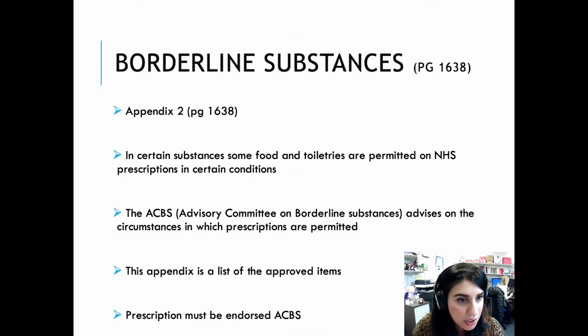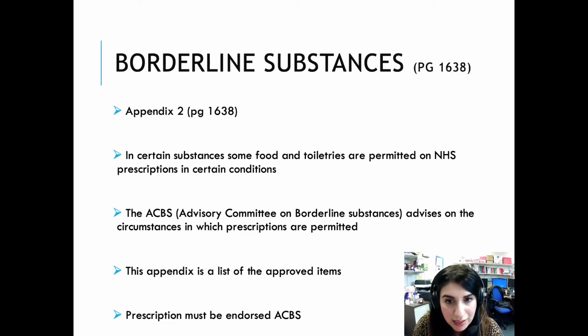The next section is the borderline substances that I mentioned to you, so Appendix 2. Essentially, a lot of patients can get certain foods and certain toiletries on the NHS. Okay, so obviously if a patient's coeliac, or intolerant to various food types, there's certain things they can get on the NHS.